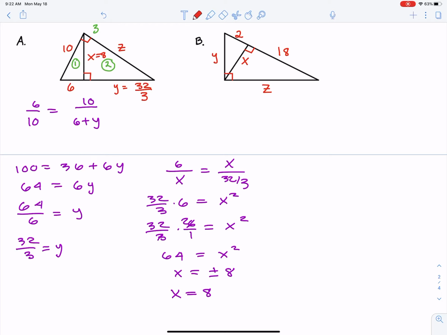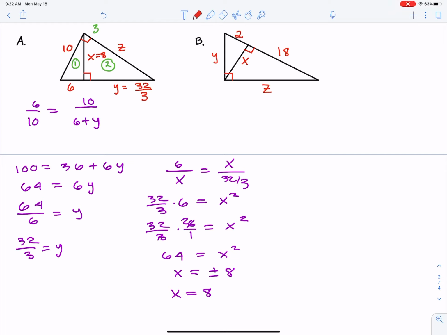There's lots of ways of doing this. How about triangles 1 and 3? Yeah, I'm going to use triangles 1 and 3.